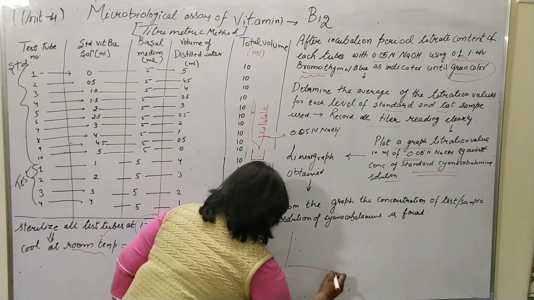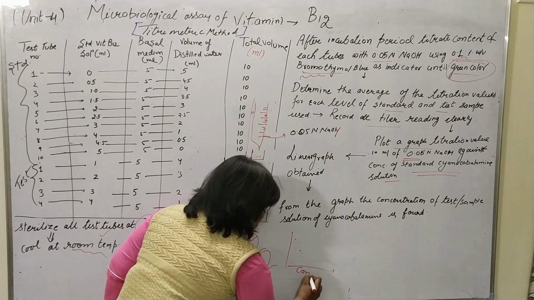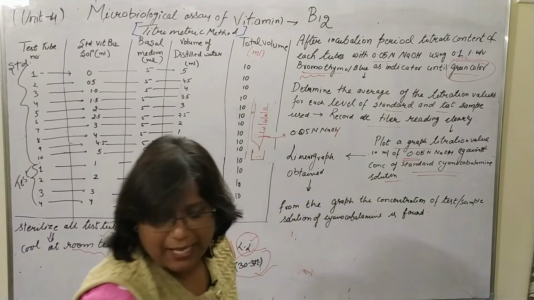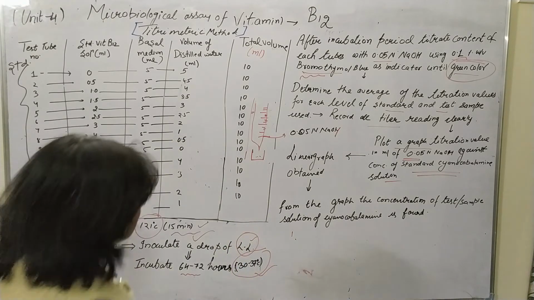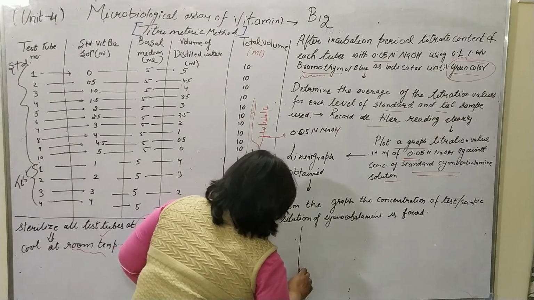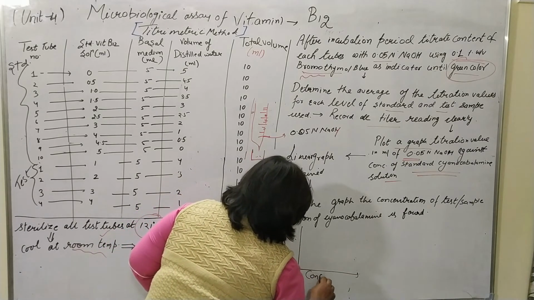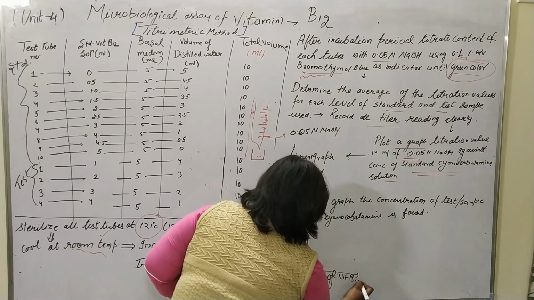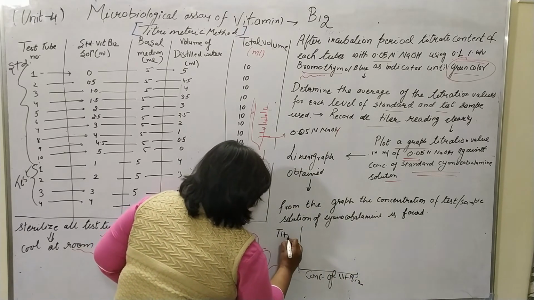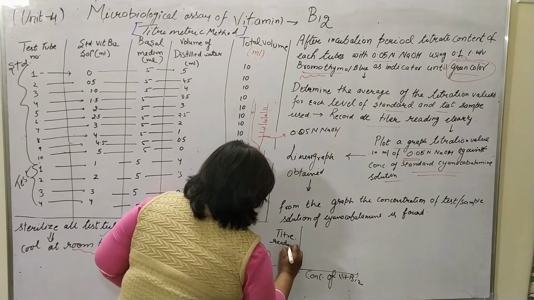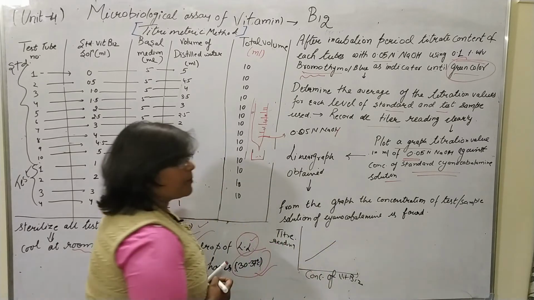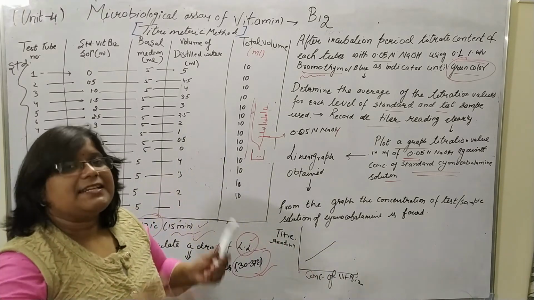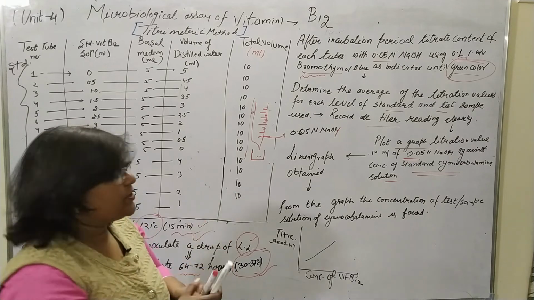So now this is the concentration. I will draw with the black pen so you can see it easily. The concentration of vitamin B12 I have written here, and this is the titer reading. Now the linear graph is obtained, and just extrapolate your test readings.